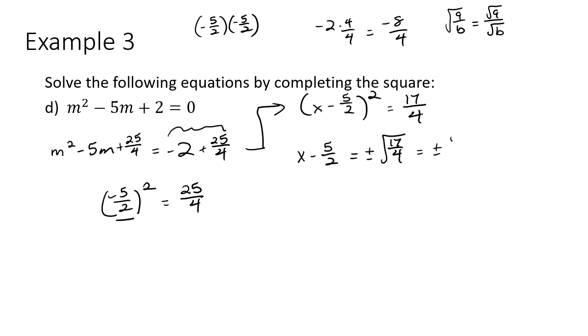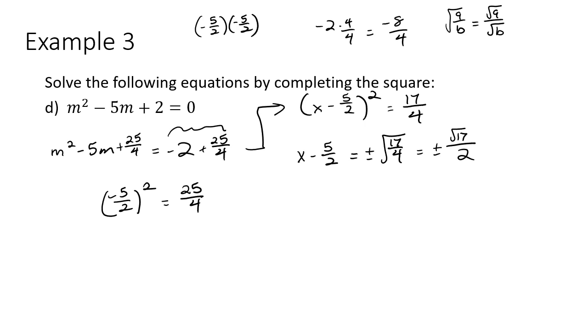So this would be plus or minus the square root of 17 over the square root of 4, which is 2. And if you use completing the square on a problem that looks like this, your square root will always simplify nicely like this. This denominator will always be a perfect square, because the way you got that denominator in the first place was by squaring a number.